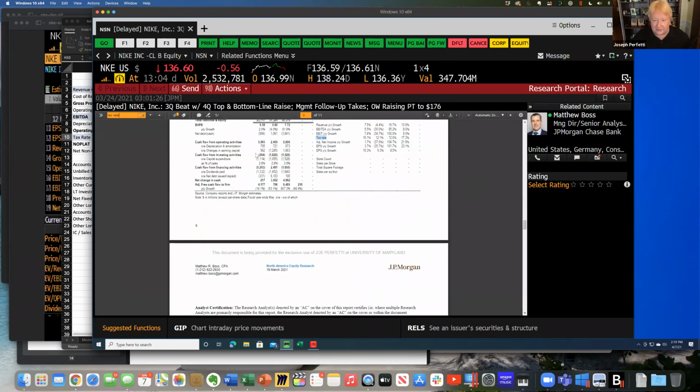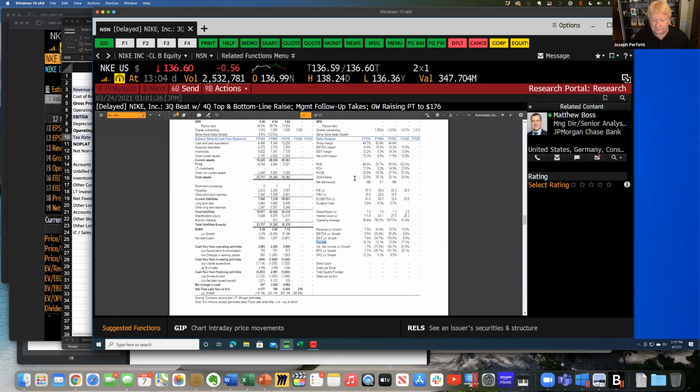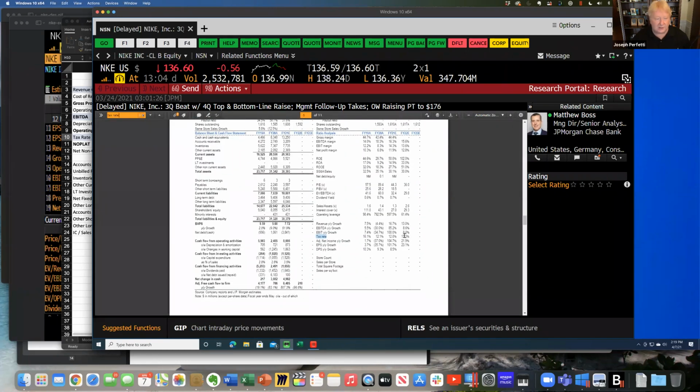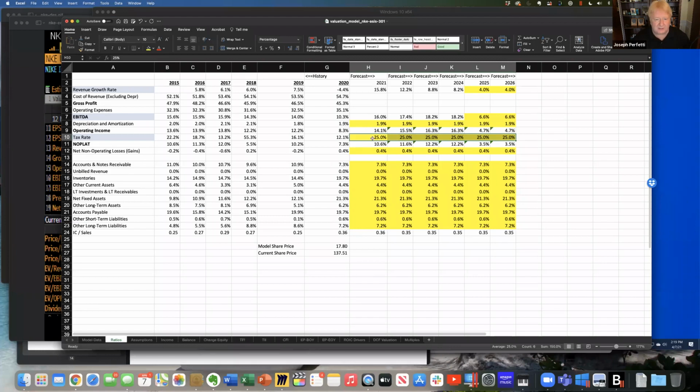And they're using 17.3% in the out years. So kind of mid-teens is what the CFO of Nike said. Looks like the CFO probably in the transcript. So back to forecast, I'm going to make this 17.3, going into the out years. Okay. So that was the Nike tax rate.